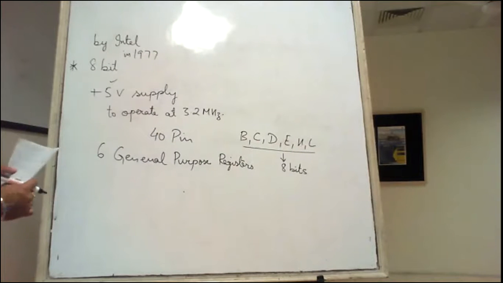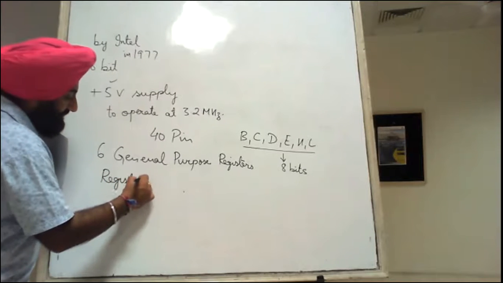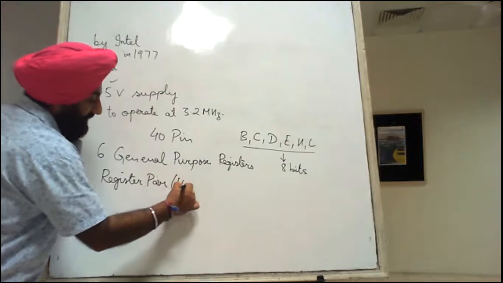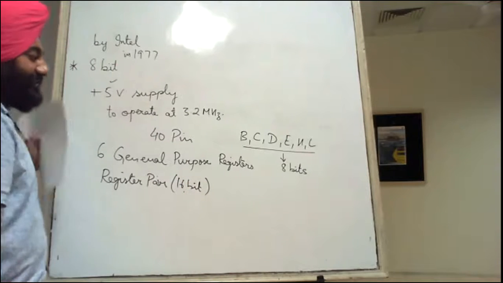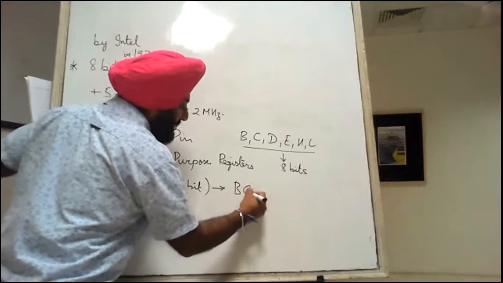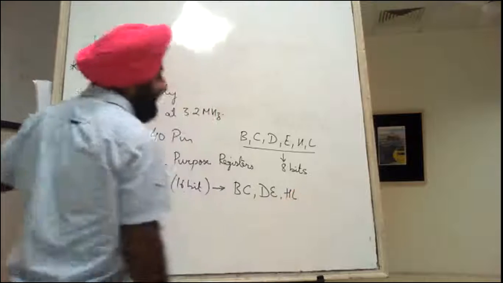So we can make a 16-bit register pair using these 6 registers, and the pairs are BC, DE and HL. Remember this.